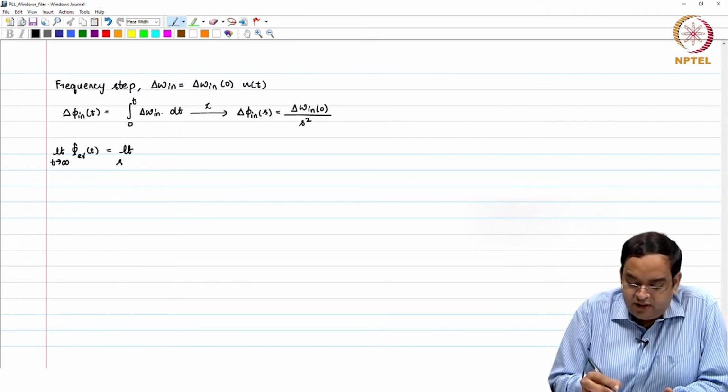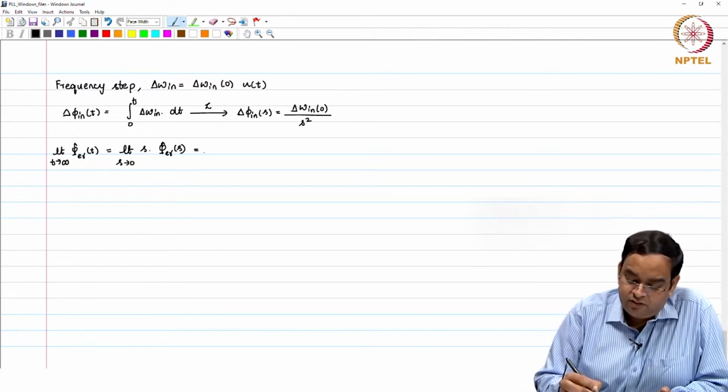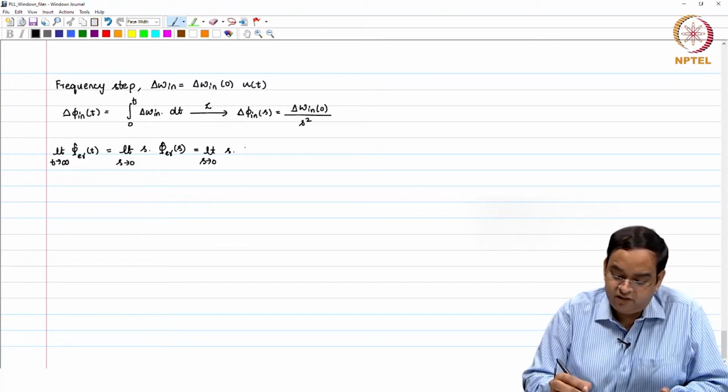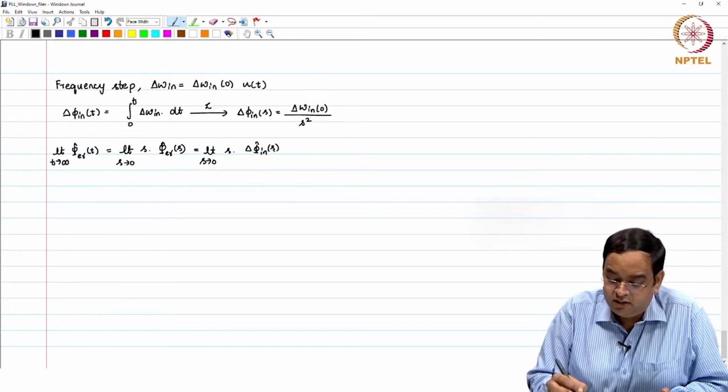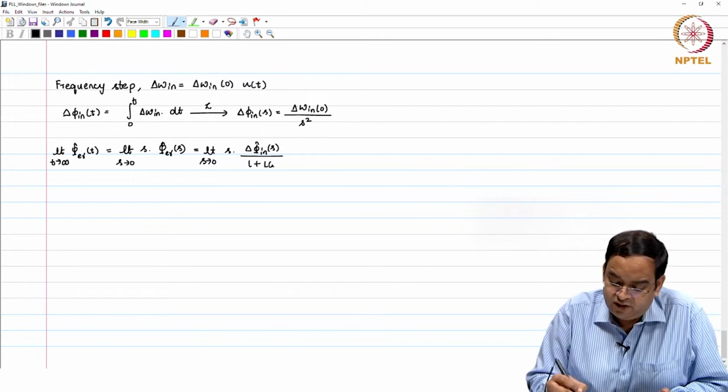This is going to be the limit s tends to 0 of s times phase error of s, which is equal to delta phi in of s divided by 1 plus loop gain.